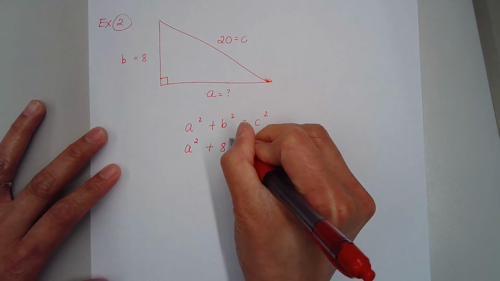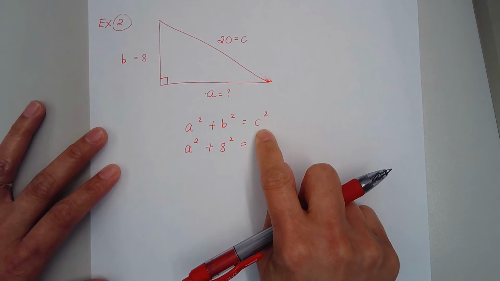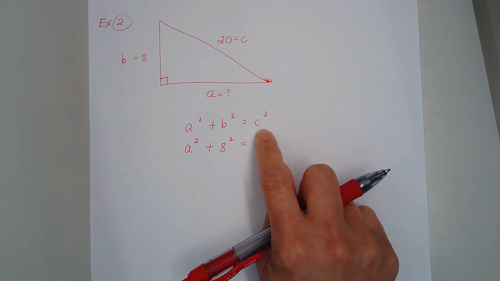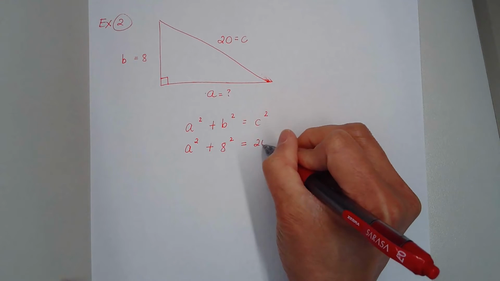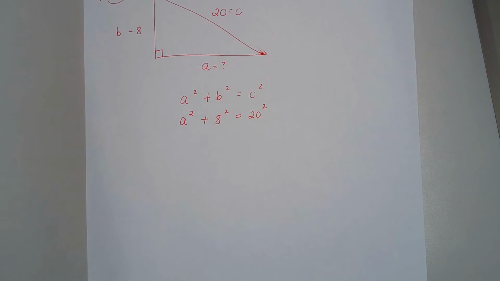So 8 squared equals, what do we replace the C? C is 20 squared.